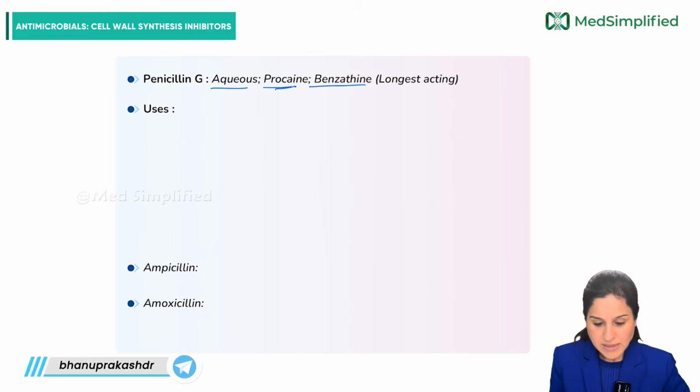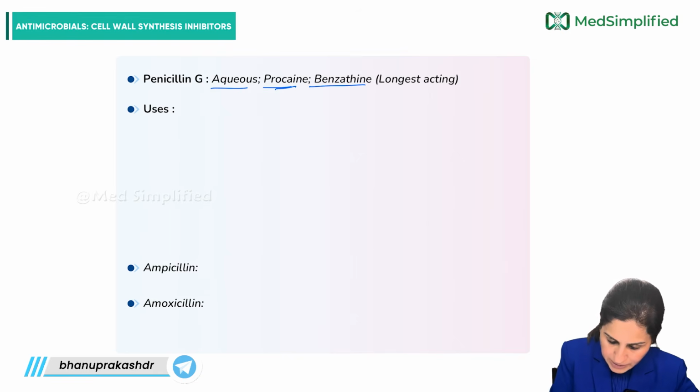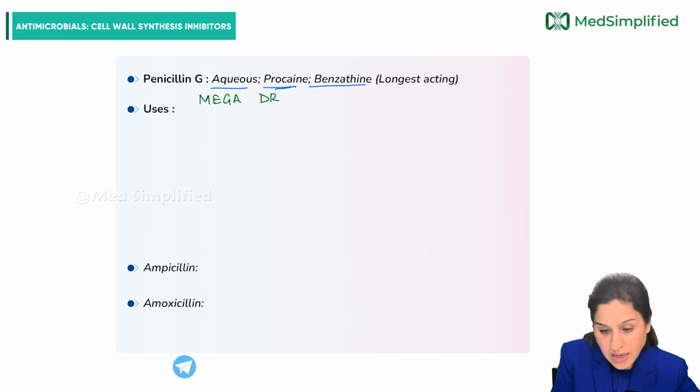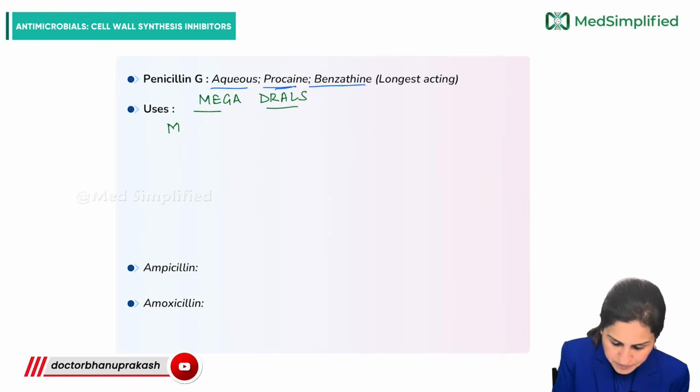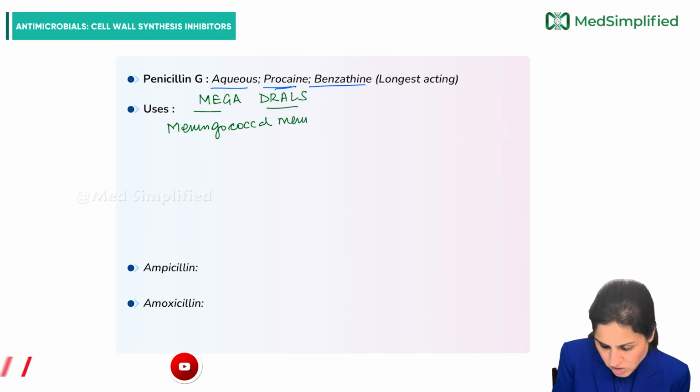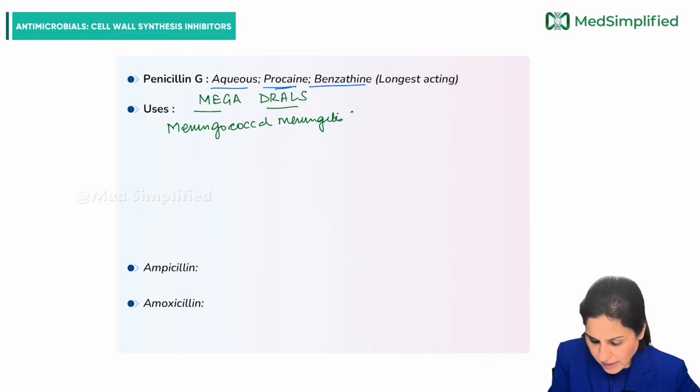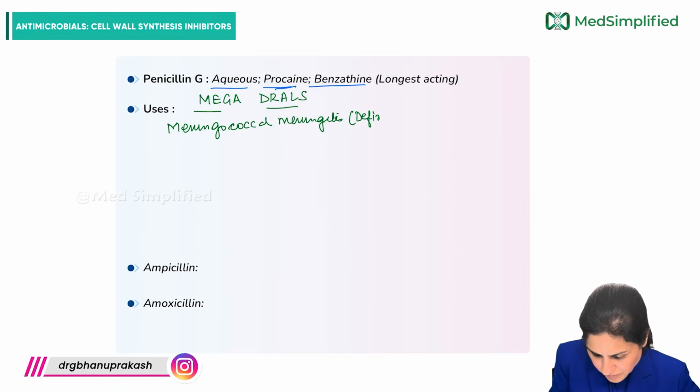Now, uses of penicillin G. Remember a mnemonic here, which is MEGADRALS, mega drills. Okay, so let's see what are these mega drills. M stands for meningococcal meningitis. So we use this drug as the definitive treatment.